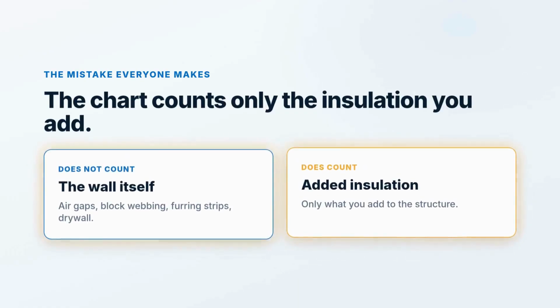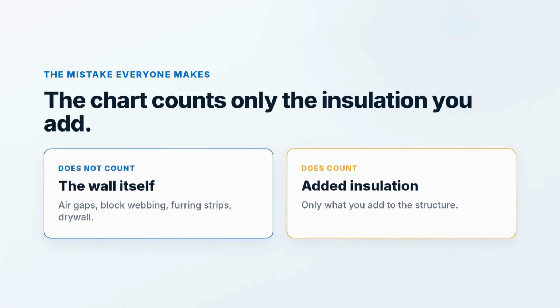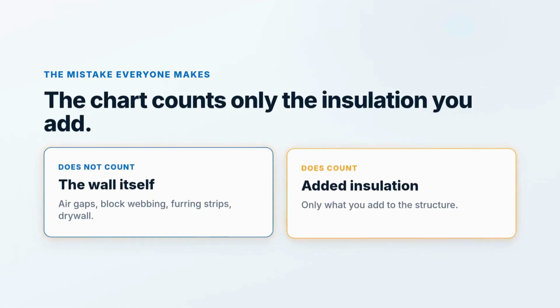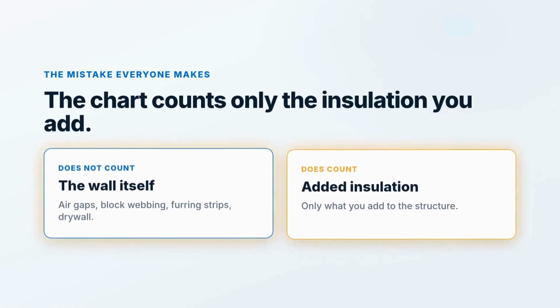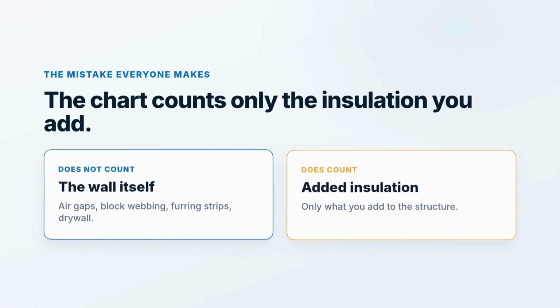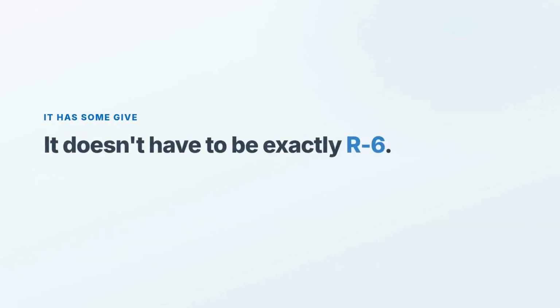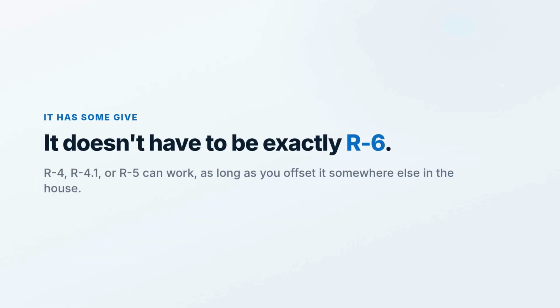The values that they're showing you on these charts are not calculating air gaps and webbing on the block walls and the fairing strips and all this other stuff in between. They are talking about added insulation. It doesn't have to be R6. It could be R4 or R4.1 or R5, as long as I look at somewhere else in my house to increase what code requires to offset the negative on the wall insulation.